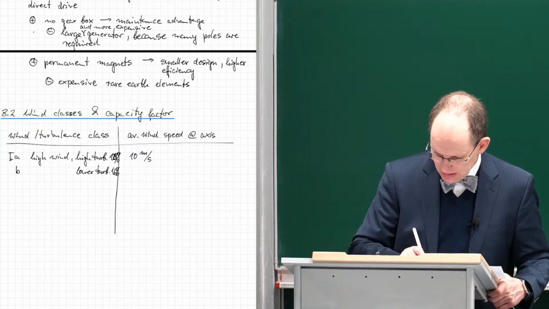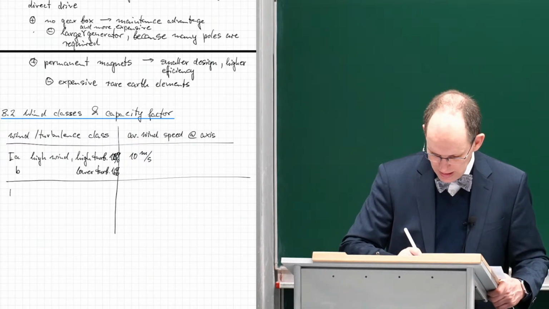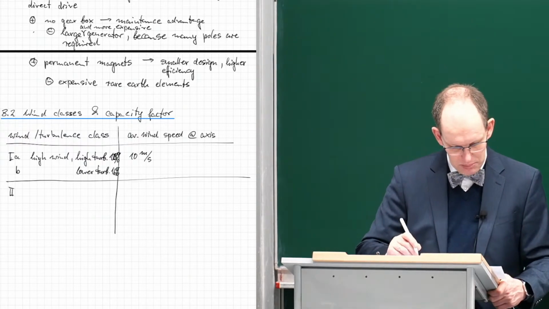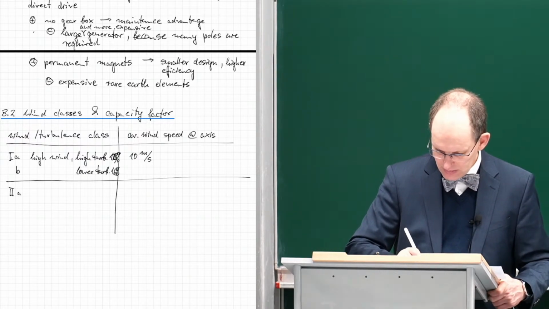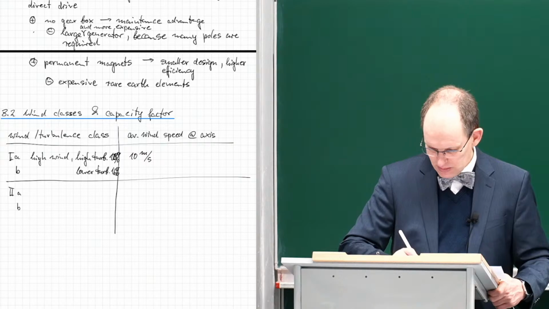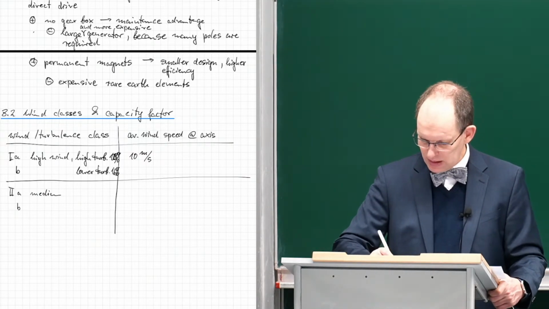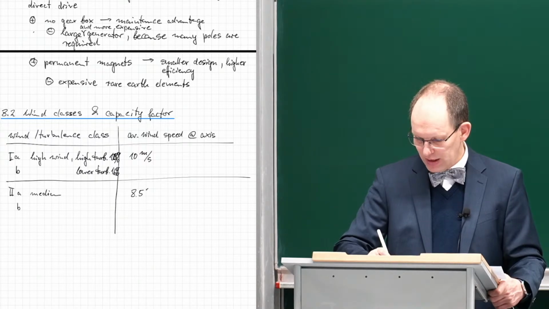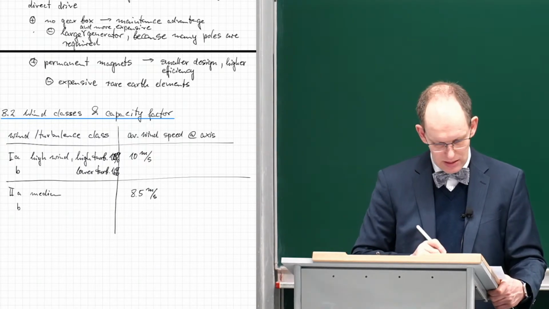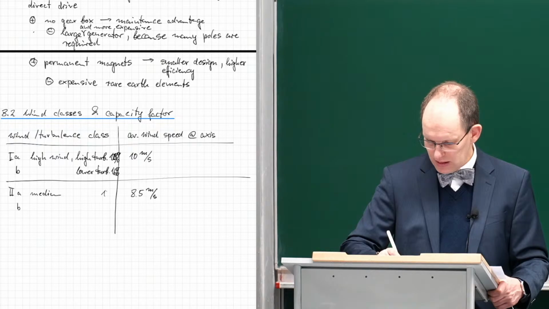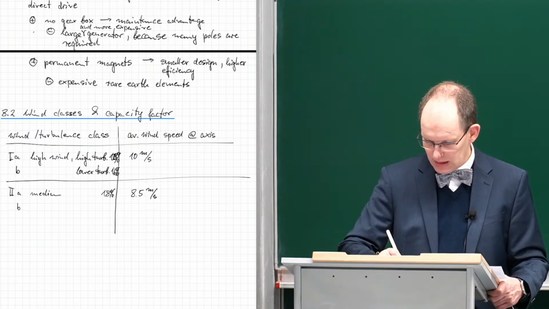Then the next thing would be 2A and B. So this would be medium wind speed and is defined as 8.5 meters per second. And again, turbulence here would be 18%.